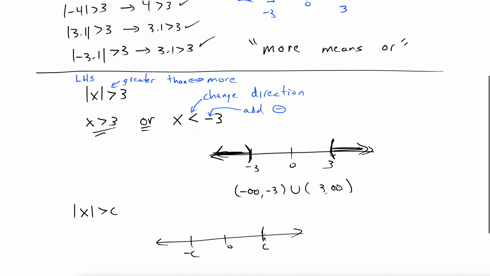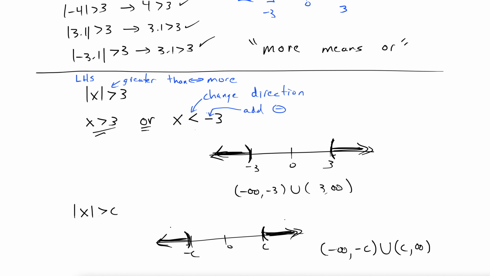It's the stuff right up to c and going off to infinity, and it's the stuff right up to -c and going down to -infinity. More means or. Either this left side or this right side. And the interval notation will always be -infinity up to -c, hop over, start again at +c, off to infinity.